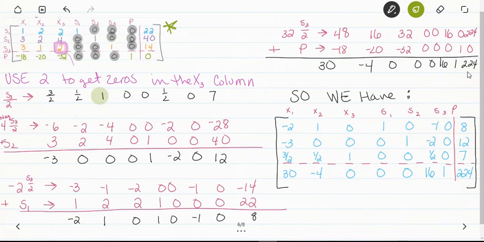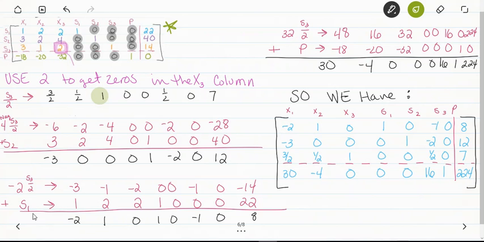Now, if that arithmetic is a little slower for you, I'm going to encourage you to pause the video and go back and calculate those values. Make sure you're able to calculate those new rows yourself. But all I've done here with this blue ink is I've just rewritten the new rows.